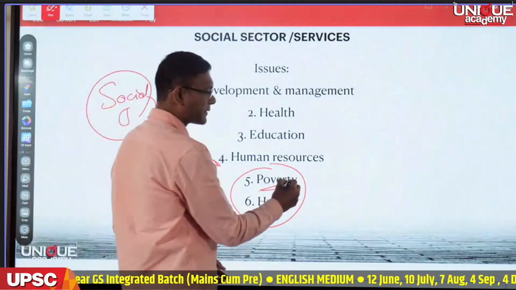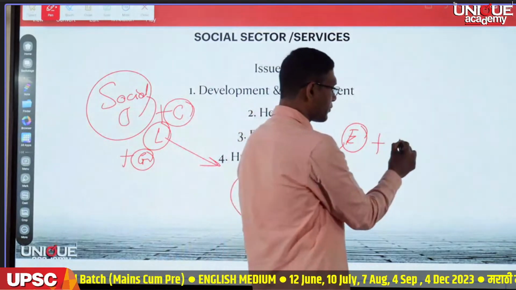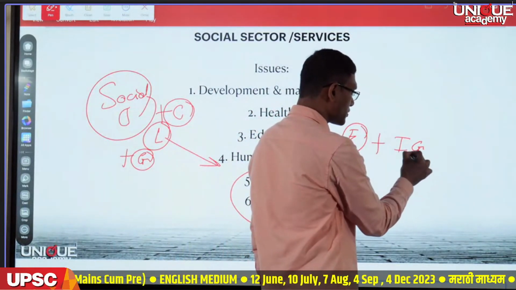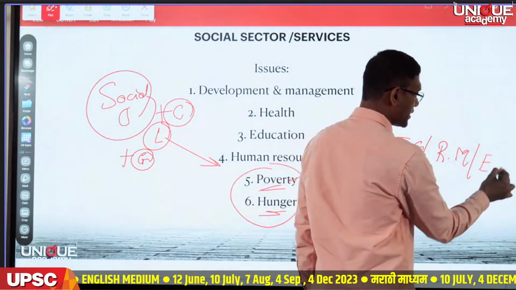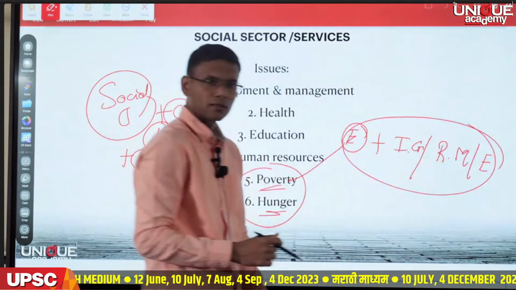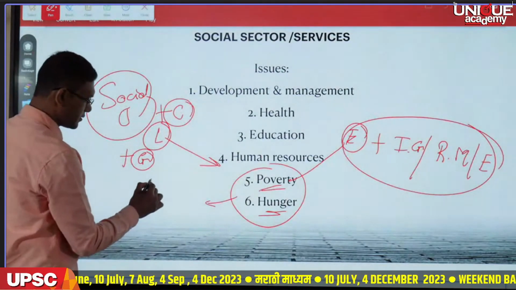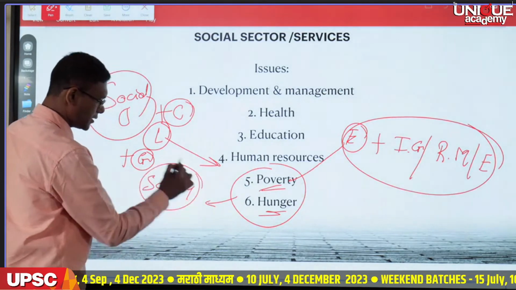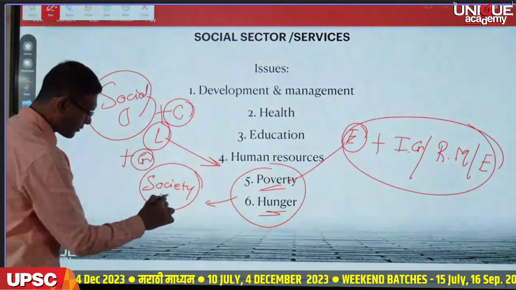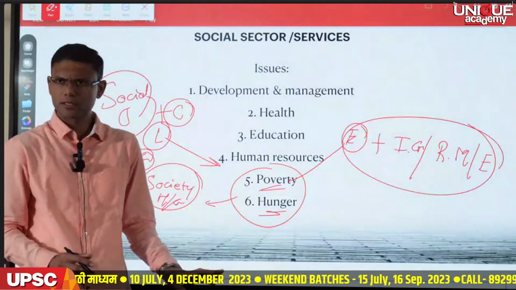On the other hand, for paper 3, you will have to look at it from an economy perspective, from the point of view of inclusive growth, resource mobilization, employment, etc. Getting it? For paper 1, you may have to look at it from a society point of view, maybe from a history and geography point of view. Same points.